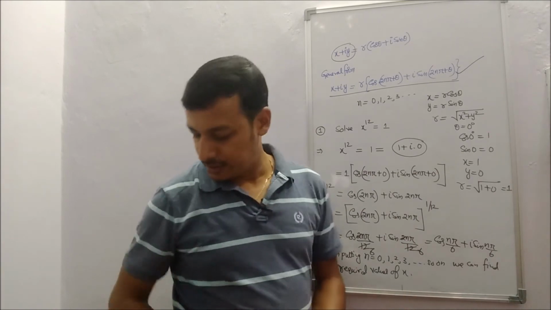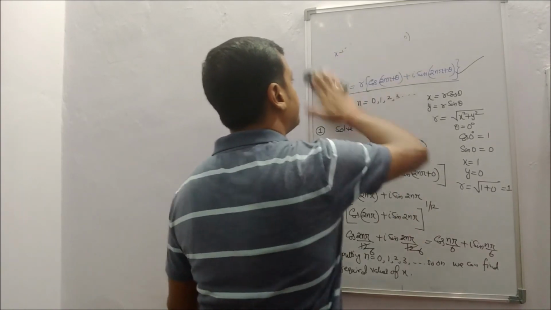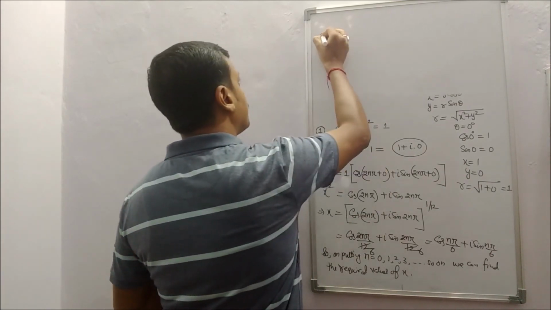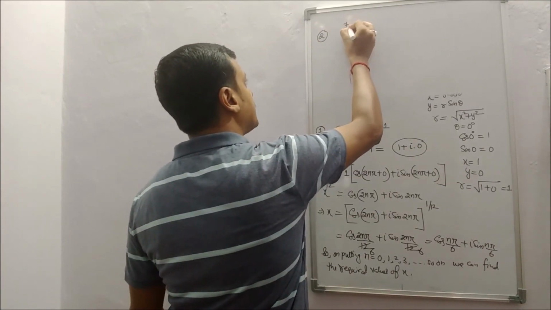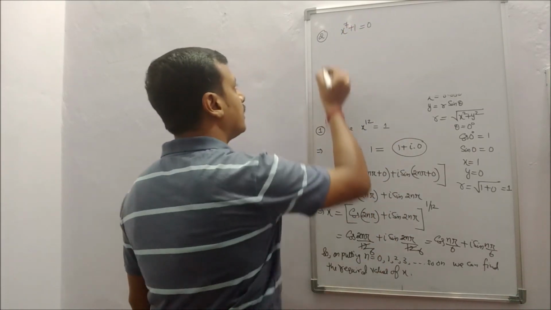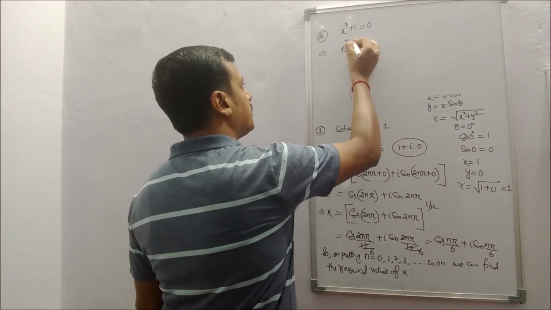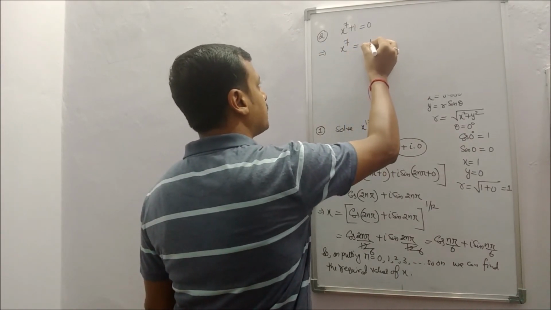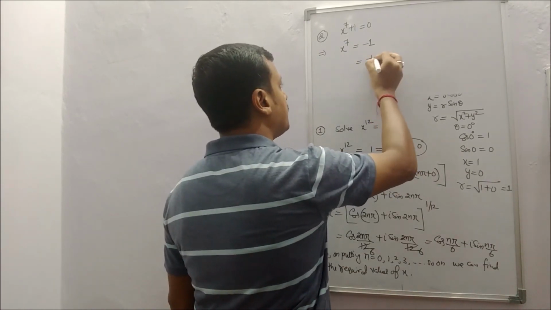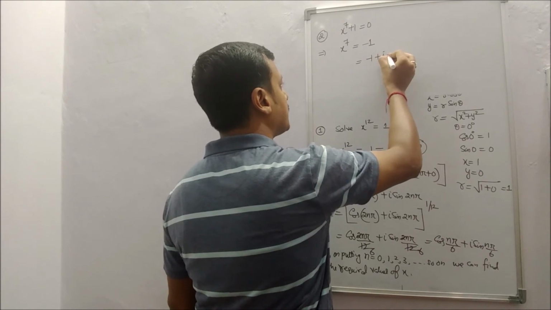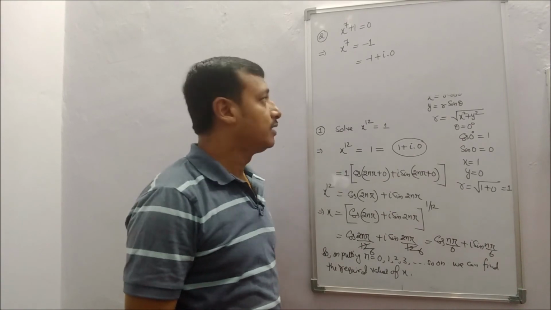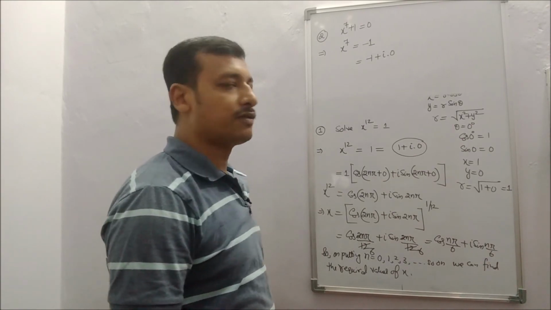The next problem is number 2. X to the power 7 plus 1 is equal to 0. So this can be written as x to the power 7 is equal to minus 1. So minus 1 can be written as minus 1 plus I times 0. So for what value of theta is the value of cos theta equal to minus 1?